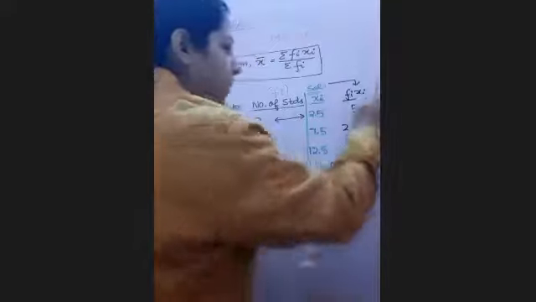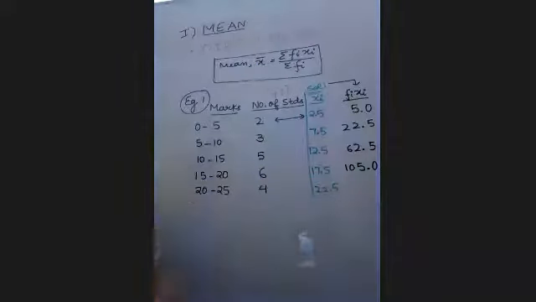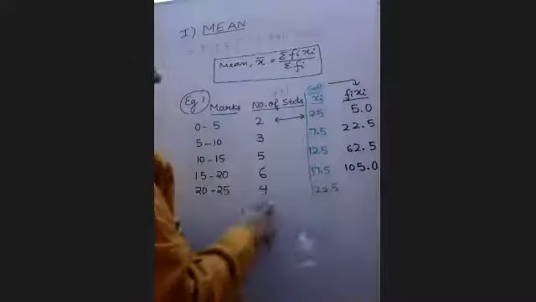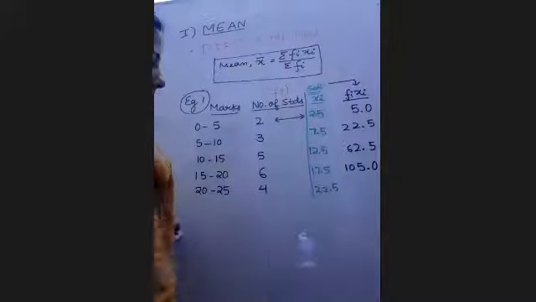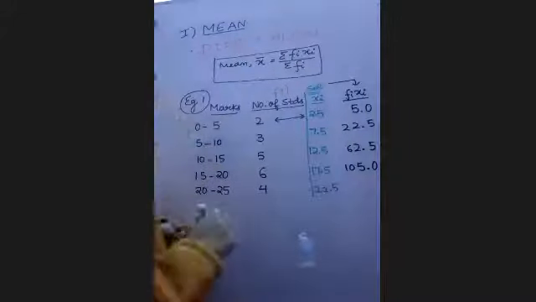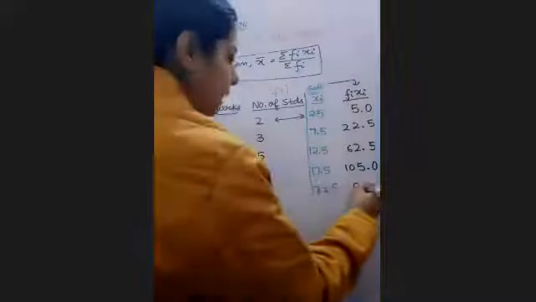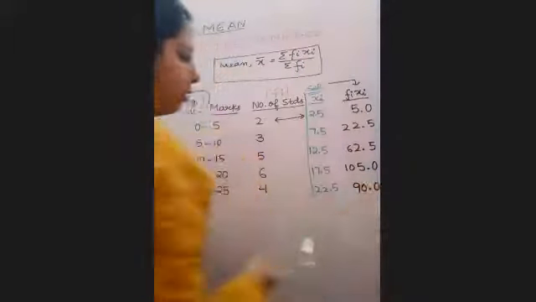I am writing 105.0 as well so that we have symmetry. And 22.5 into 4: 225 into 4 is 900, so 90, because there is a decimal involved.